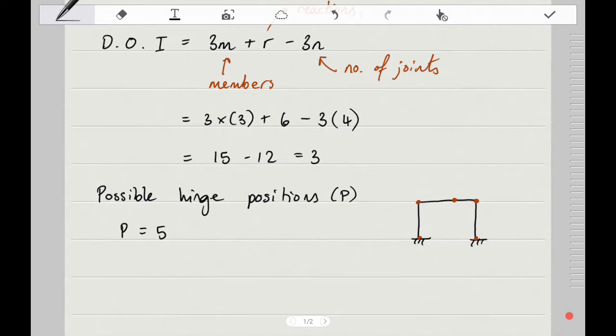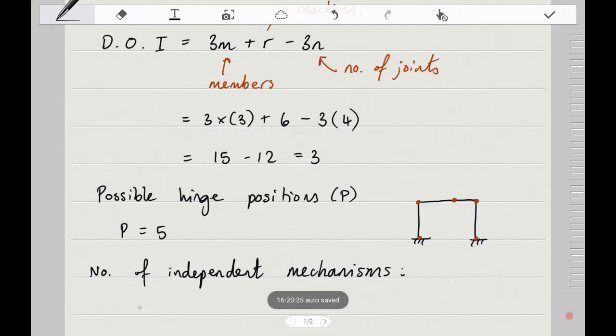Now we are going to determine the number of independent mechanisms. What I mean by that is how many mechanisms can we create within the system separately, so not happening at the same time.